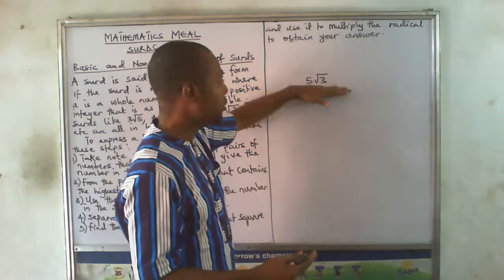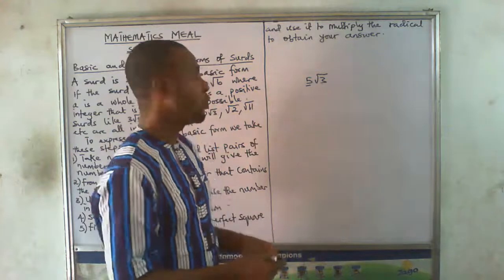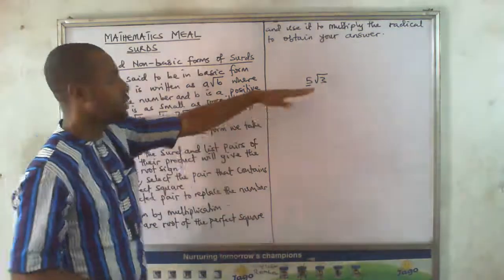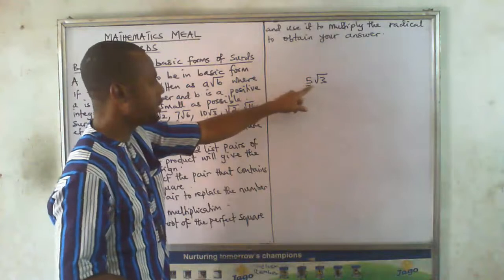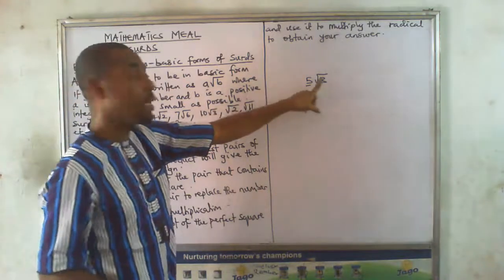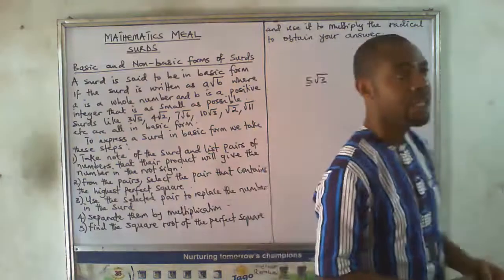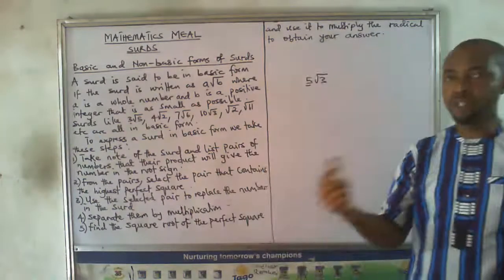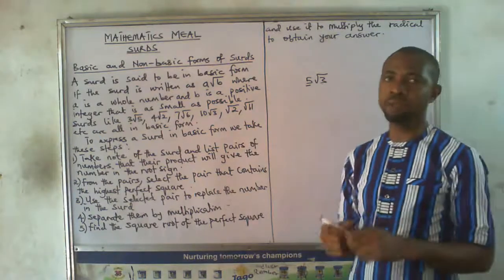So this particular surd is in basic form. In this case, a is 5 and b is 3. So what we have here is a whole number, and the number under the root sign is a positive integer that cannot be reduced any further. That means it is as small as possible.